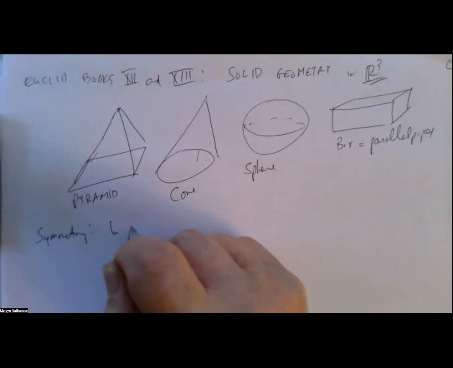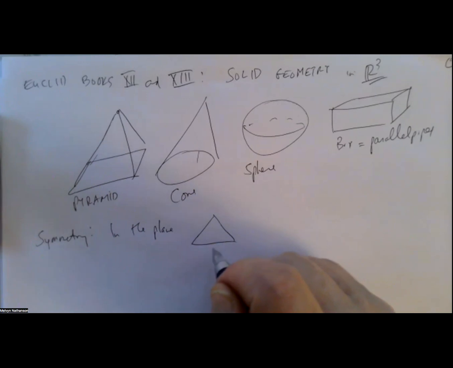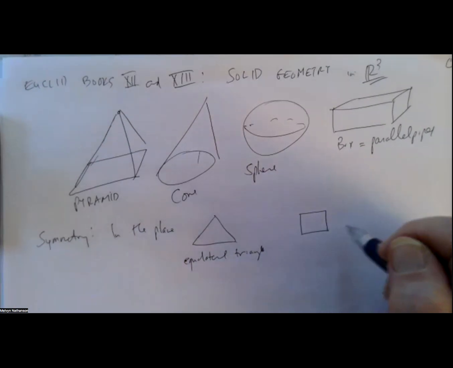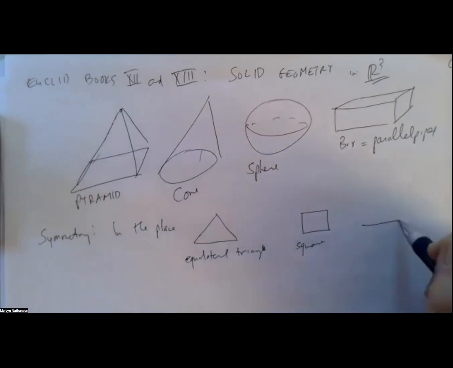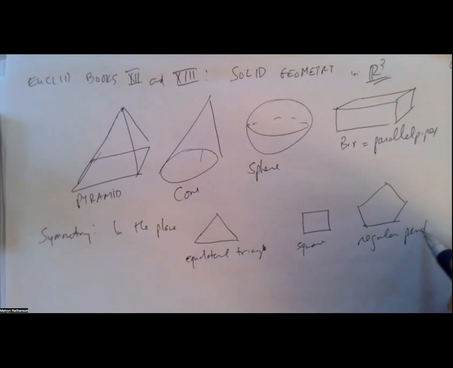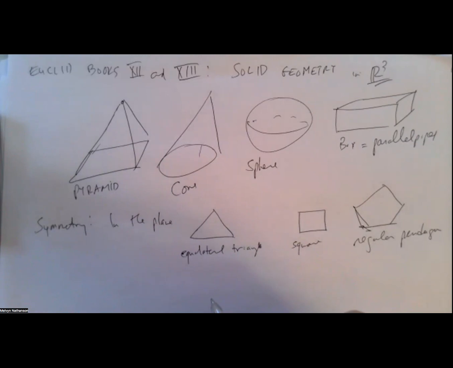So, for example, in the plane, they love things like the equilateral triangle, or the square, or a regular pentagon. So these were figures where all the sides have the same length and all the angles are the same. These are so-called regular polygons.